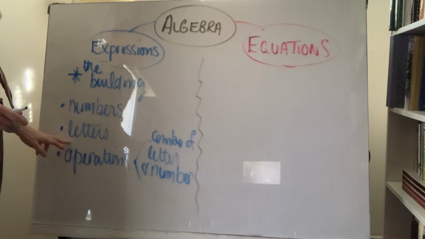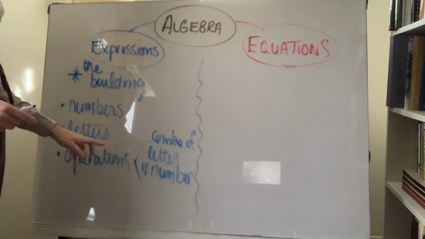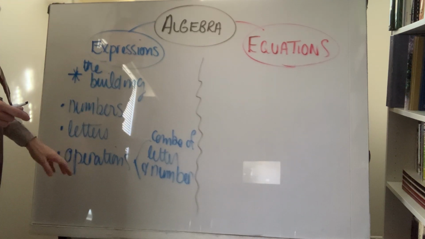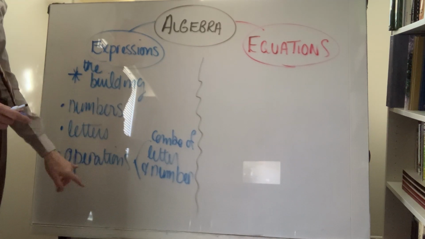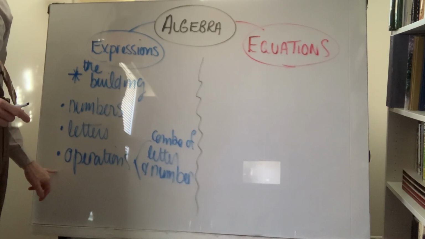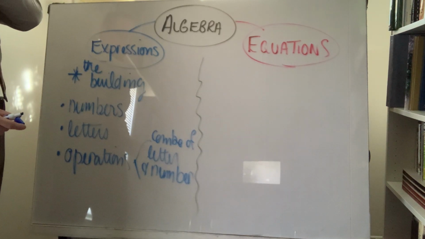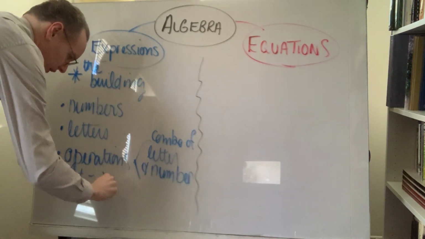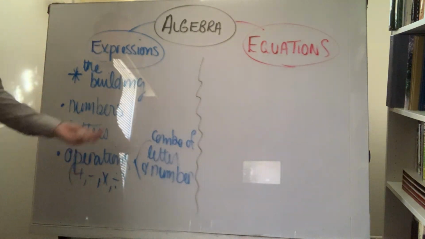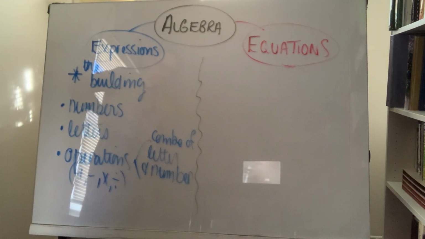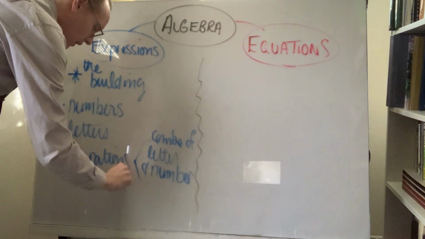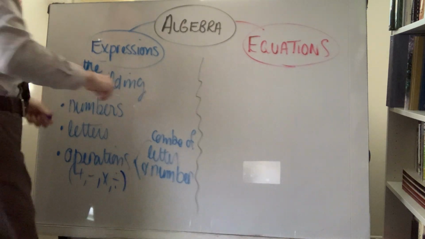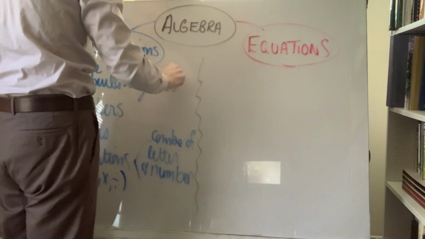Similarly, if it's just a seemingly free-floating letter, that is considered an expression. When you have the two of them in tandem, usually an operation is in between them somehow, whether it's adding, subtracting, multiplying, dividing, or perhaps raising it to an exponent. Anyhow, do think of these again as the building blocks.